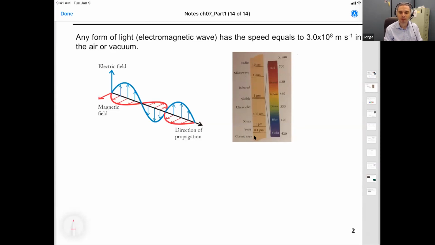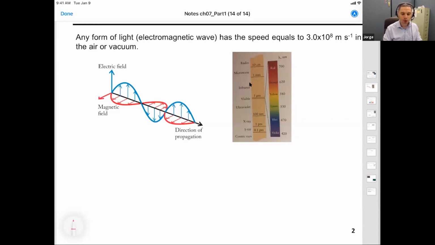We can have from cosmic rays all the way to radio frequency, and this very tiny little range here, from violet to red, is what your eyes can see. So you just see a very tiny fraction of the whole electromagnetic spectrum. Below the violet, we have ultraviolet, and above the red, we have what's called infrared.